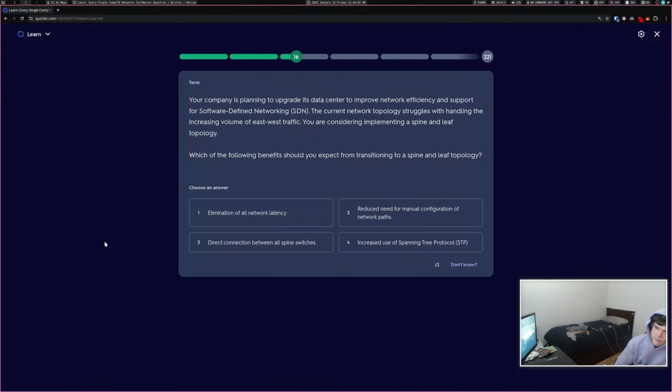Your company is planning to upgrade its data center to improve network efficiency and support SDN.